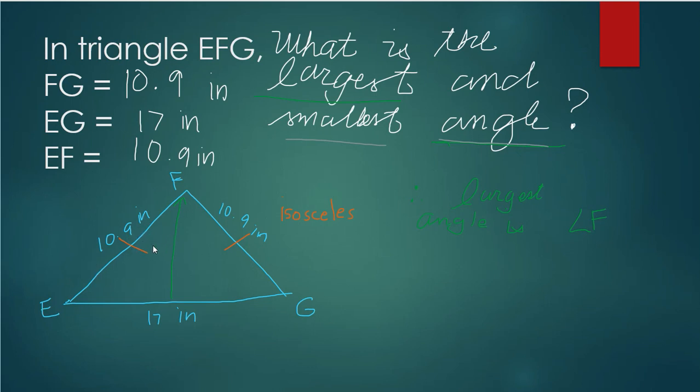Okay, so this side EF, opposite to that is G. So the smallest angles are angle G and, opposite to our 10.9, angle E. So angle G and angle E. Okay, so those are the two smallest angles.